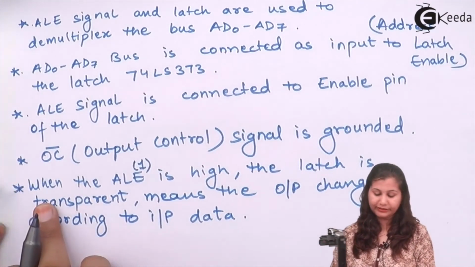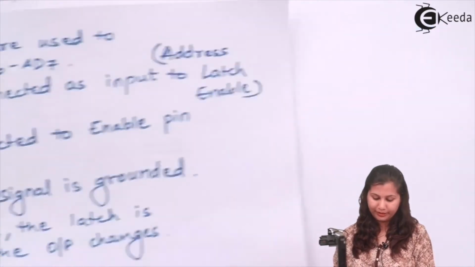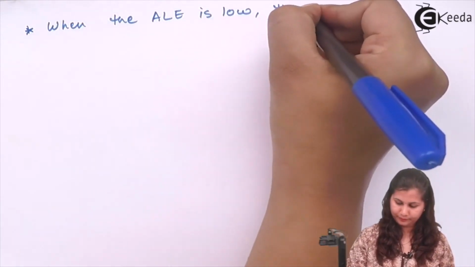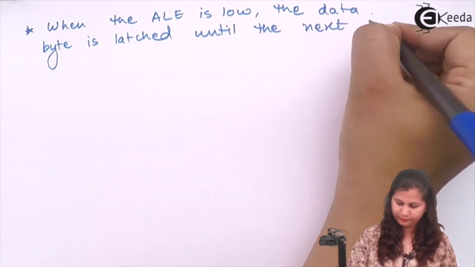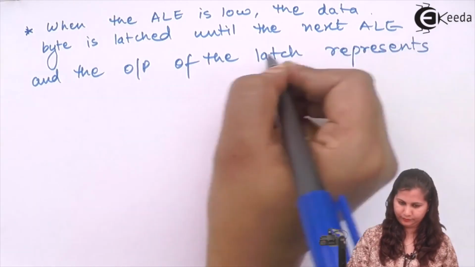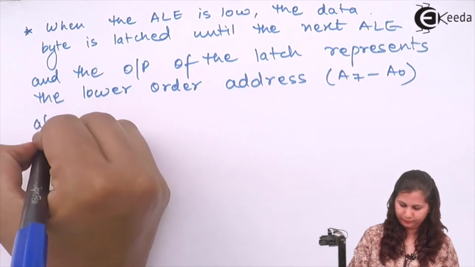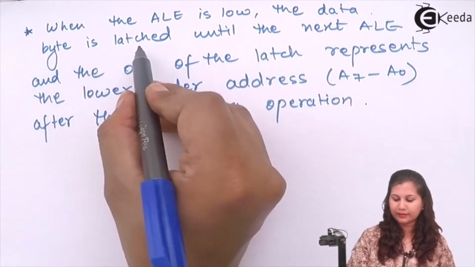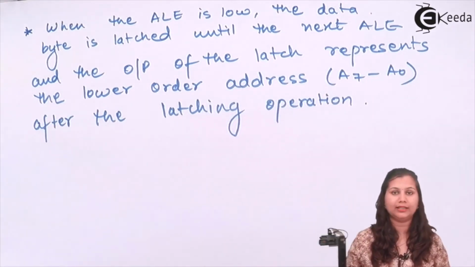So it's written here in the key points that when the ALE is high, the latch is transparent, meaning the output changes according to the input data, and when the ALE is low, the data byte is latched until the next ALE, and the output of the latch represents the lower order address after the latching process.